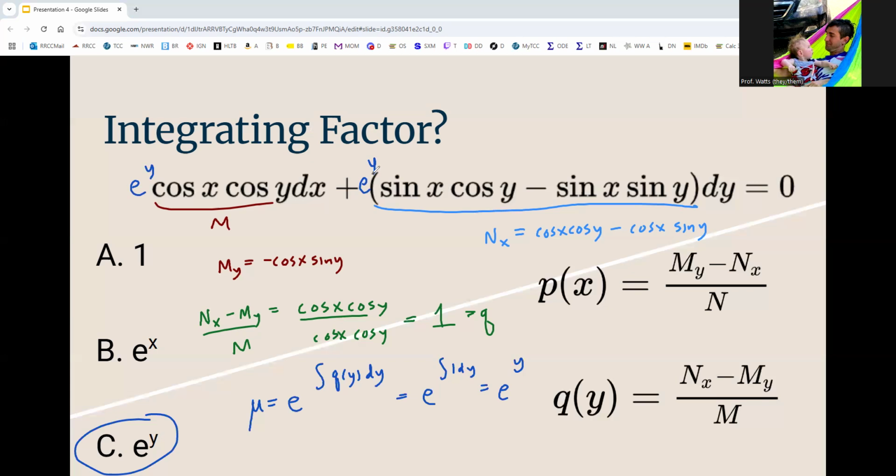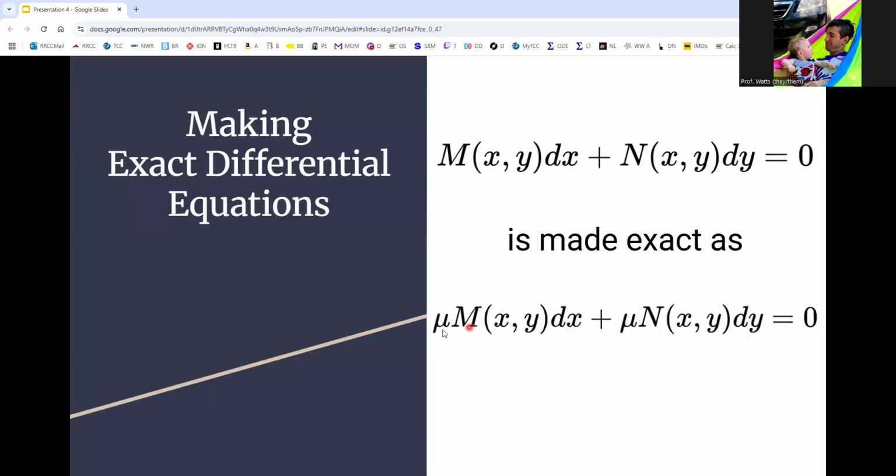You can then check that putting mu there gives the relationship between those two functions so that the mixed partials are equal. Once we find mu, we multiply, and then it should be exact, and we proceed with solving it as an exact differential equation.